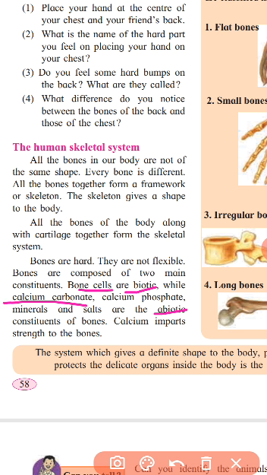Calcium carbonate, calcium phosphate, minerals and salt. So, calcium imparts strength to the bones. So, always drink milk. From milk we get calcium. In the last chapter, nutrition and diet, we also learned about calcium, right?